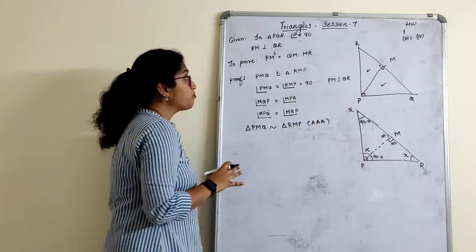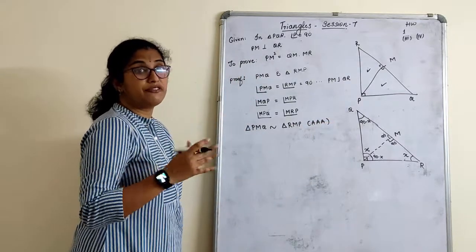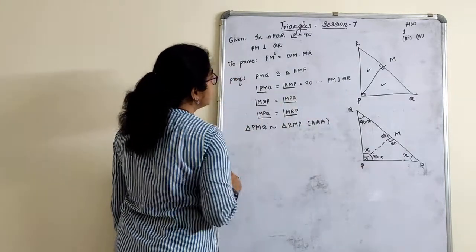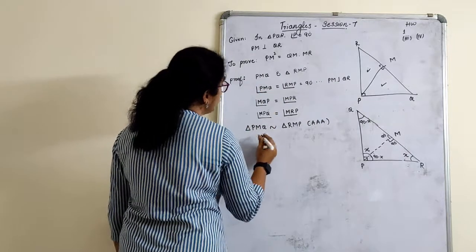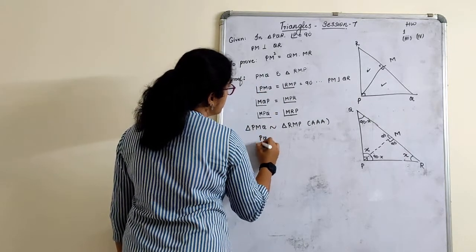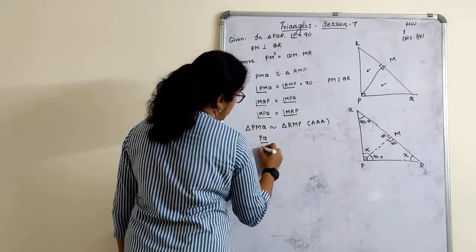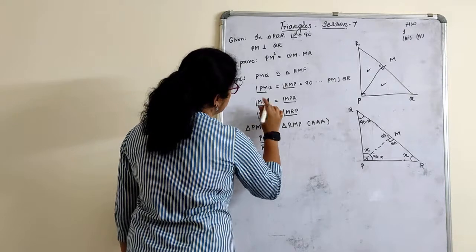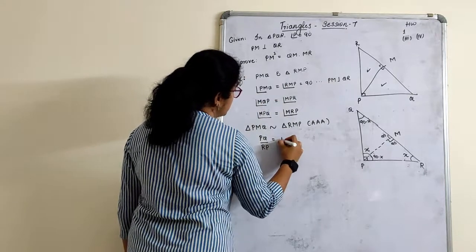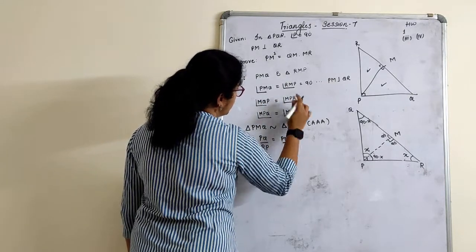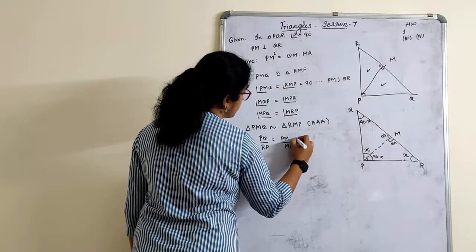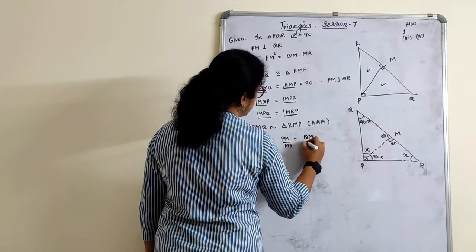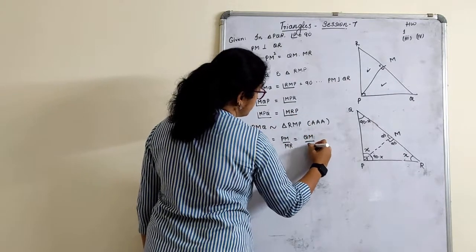I wrote AAA because we want something in square. What if anything is missing? Writing sides is very easy, children. You need not look at the figure. Directly from this you can write. So here it is PQ upon RP is equal to PM upon MR, because whatever they have given we'll use here, is equal to QM upon PM.